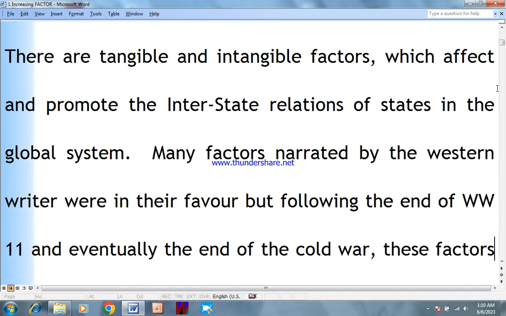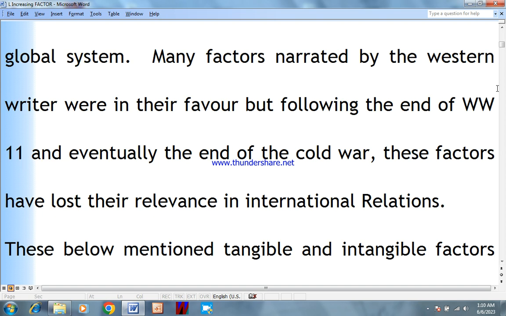There are tangible and intangible factors which affect and promote the interstate relations of states in the global system. Many factors narrated by the Western writers were in their favor, but following the end of World War II and eventually the end of the Cold War, these factors have lost their relevance in international relations.